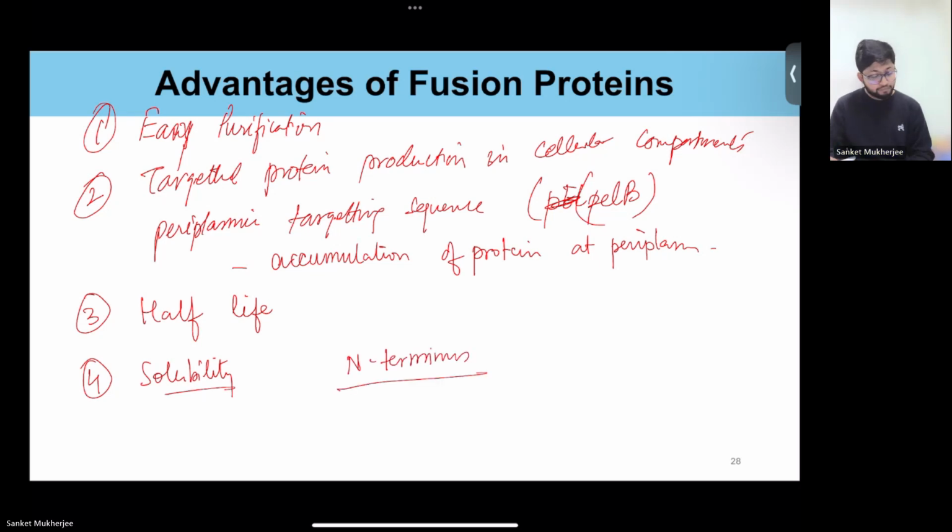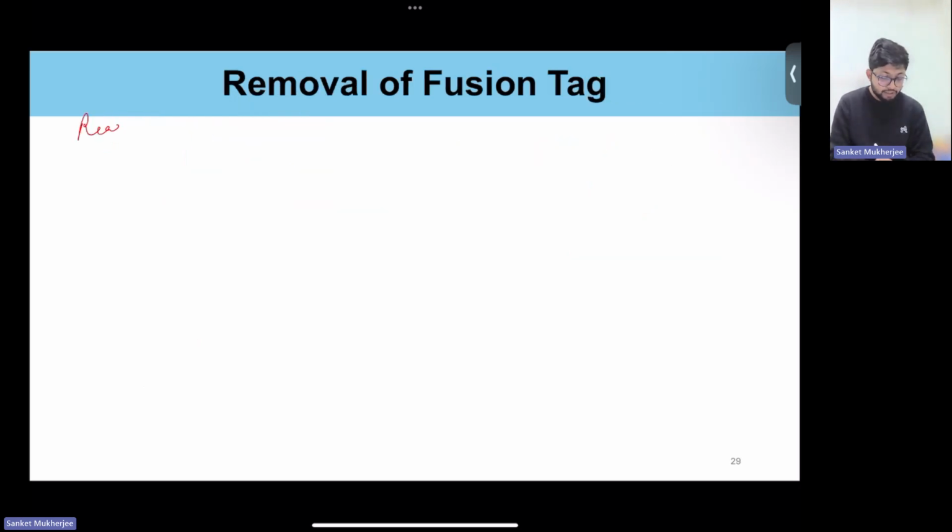Right? So the fusion tags can be removed using chemical reagents, or they can be removed using a protease cutting site, let's say a thrombin cleavage site, inserted in between the tag and your protein.